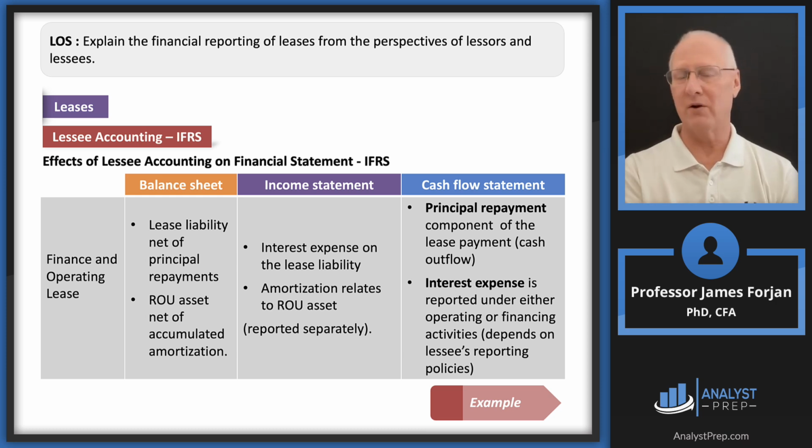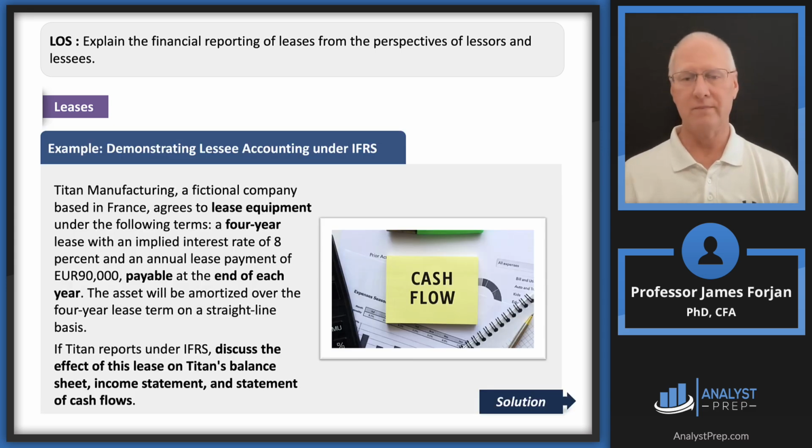On the income statement, you'll have an interest expense and you'll have an amortization expense. Notice in parentheses, we have reported separately there. They're not going to show up on the same line. And then on the balance sheet, remember we've got an asset and we have a liability. These two things are going to decline over time, right? Now they may not decline at the same rate, which is what I just said in that previous slide.